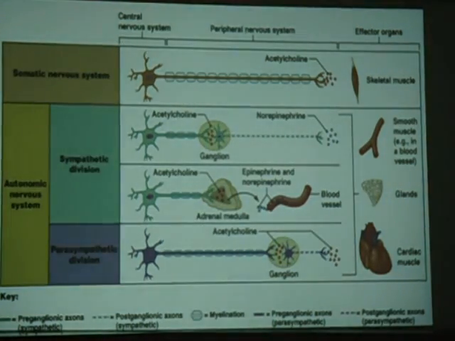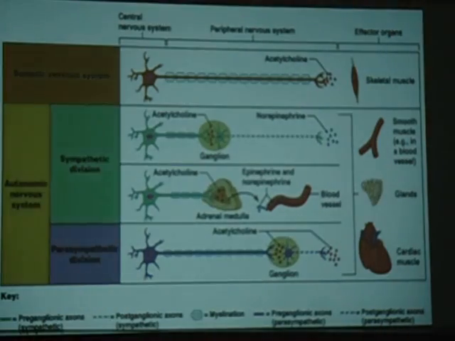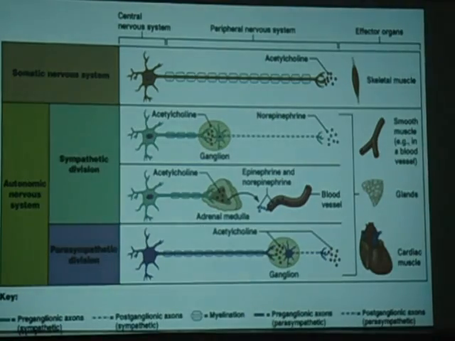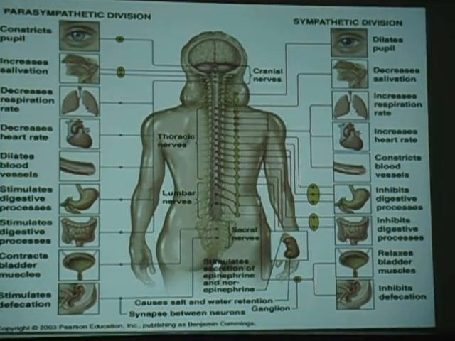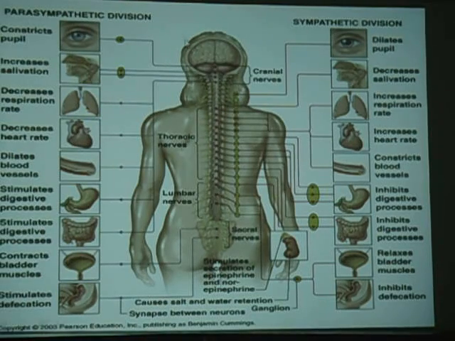So a system is there to counteract this fight and flight system, that is the parasympathetic system, which can give a relaxation mode. These were the various organs where we had our sympathetic and parasympathetic action primarily. Of course they have other functions also. Primarily these are the functions carried out by the sympathetic and parasympathetic systems.